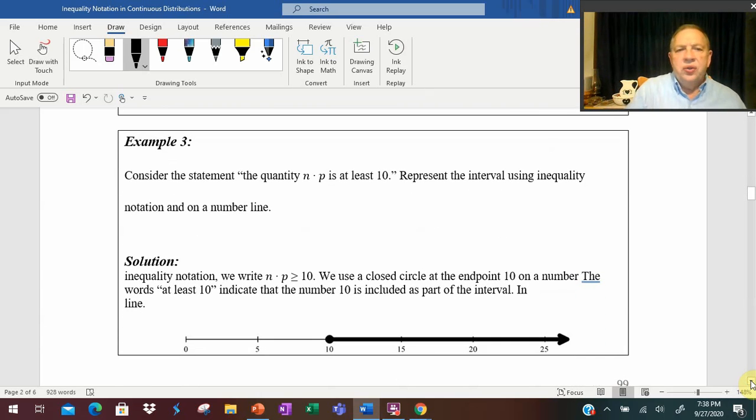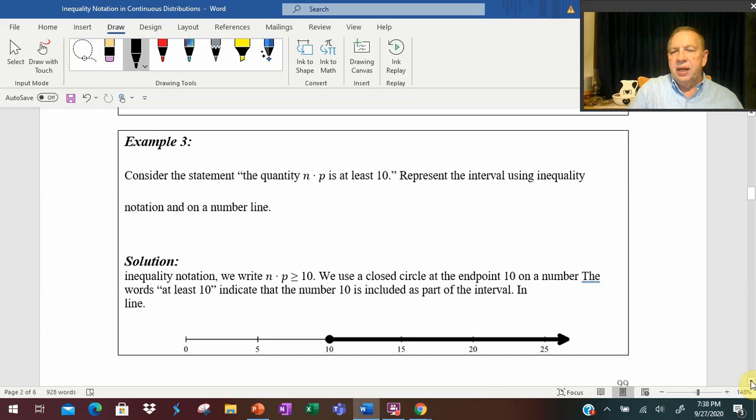Consider this. The quantity n times p is at least 10. We'll have to deal with these things in the future. The quantity n times p, when I'm multiplying the number in the sample times its proportion, like 30%, 40%, 0.30, 0.40, n times p is at least 10. So this is the interval that you would be dealing with.